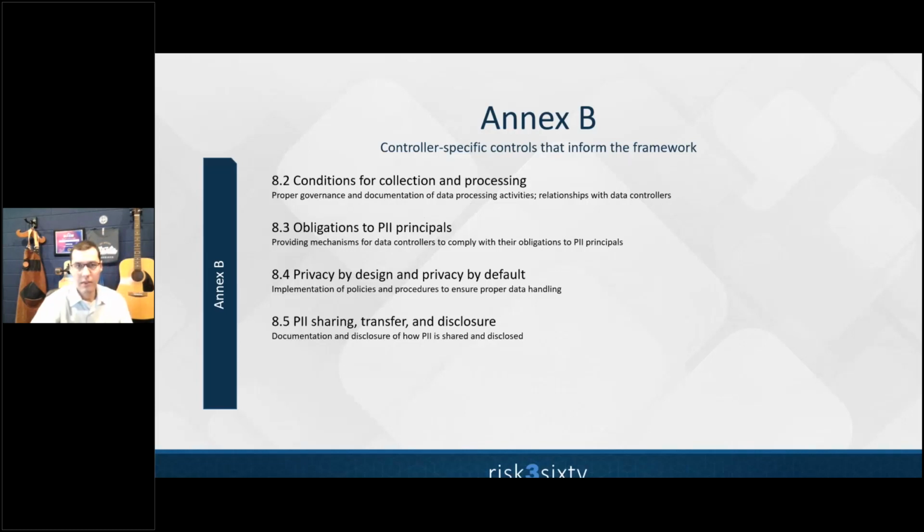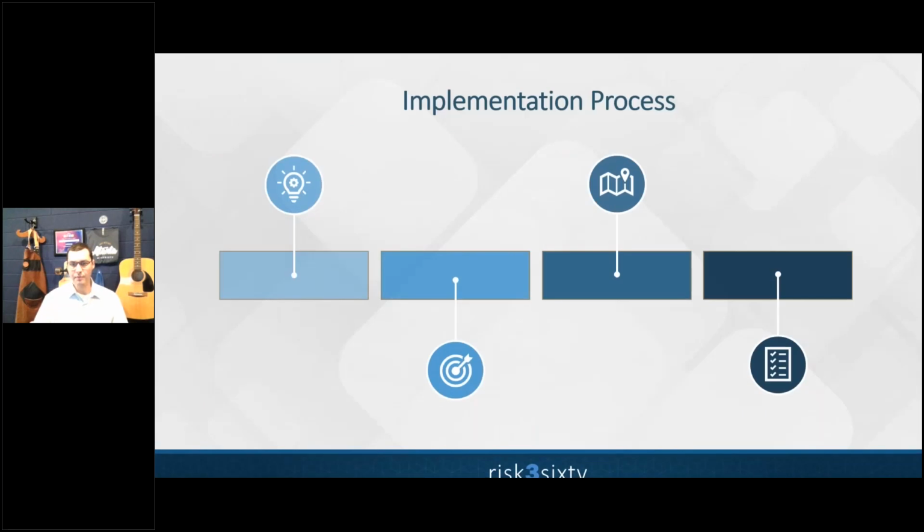All right, so that's our run through the framework. Now let's talk about implementation. So the first step in the exercise is planning. Biggest question anytime we deal with an organization looking to go through 27701 is, are you looking to certify as a controller, a processor, or both?